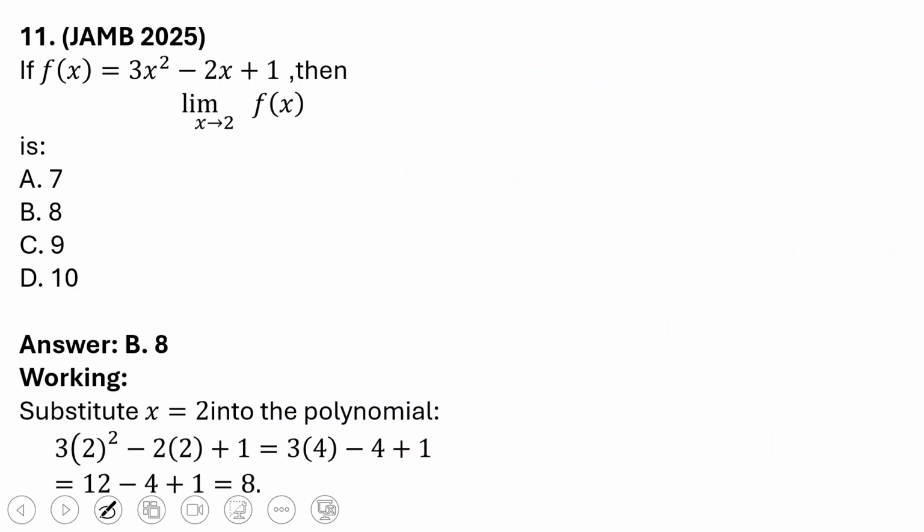So number 11 says, if f of x equals 3x squared minus 2x plus 1, then limiting as x tends to 2, what is f of x? What is f of x when x tends to 2, right? So I'll put f of x first of all: 3x squared minus 2x plus 1.